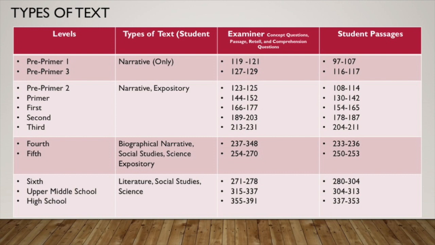This chart tells you the type of text for each level and where to find the examiner copies and student passages. This is according to the online version provided by Vital Shelf. If you have a bound copy, you may have different page numbers.